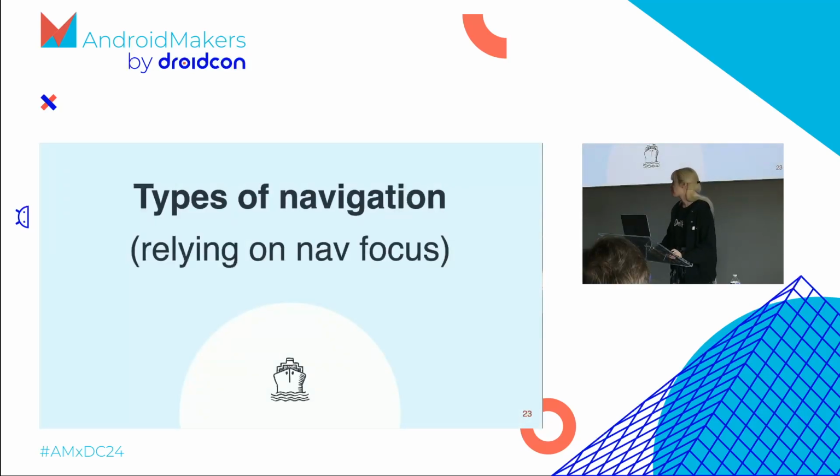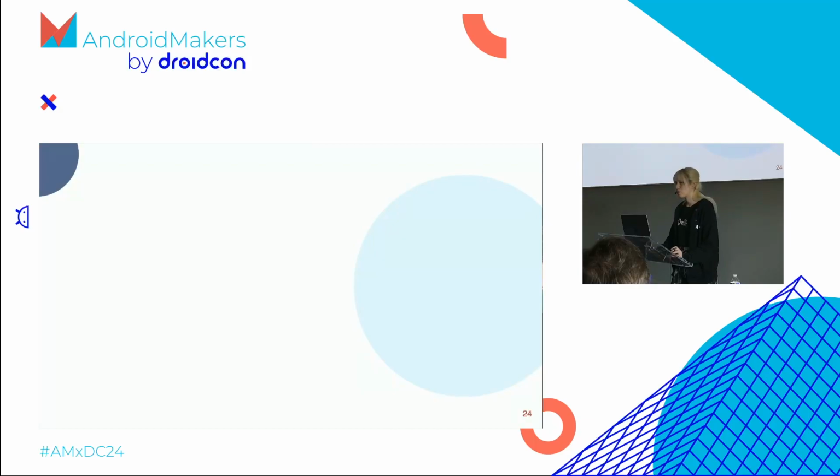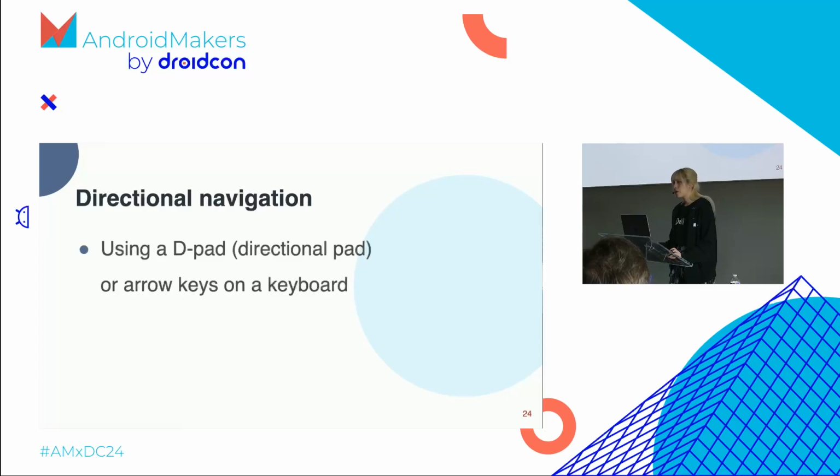Okay, one more point before we're done with the basics. There are actually two types of navigation that rely on the focus we're going to talk about today. The first one, probably the one that most people are familiar with, is the directional navigation. That's the one you use with the D-pad, the directional pad of your TV controller, or what we saw with the older phones.